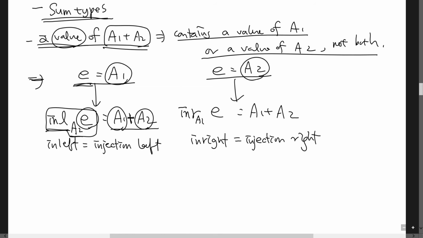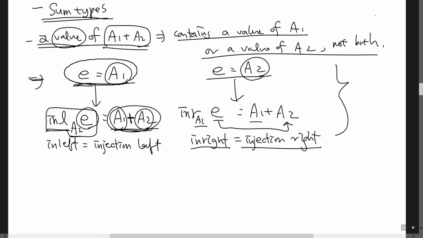The type of expression E goes to the right side, and the type on the left side comes from here. So there are two different ways to create an expression of type A1 plus A2, either from an expression E of type A1 or from an expression of type A2.